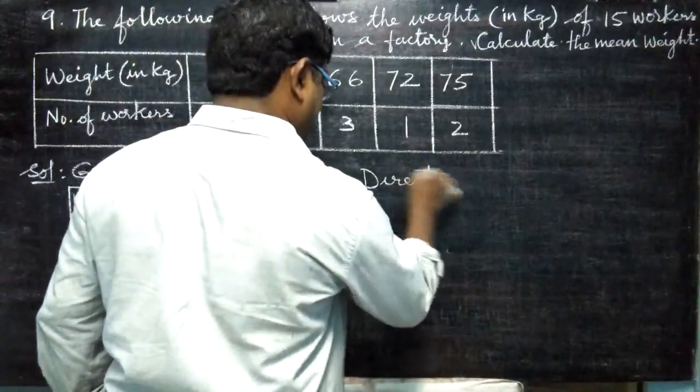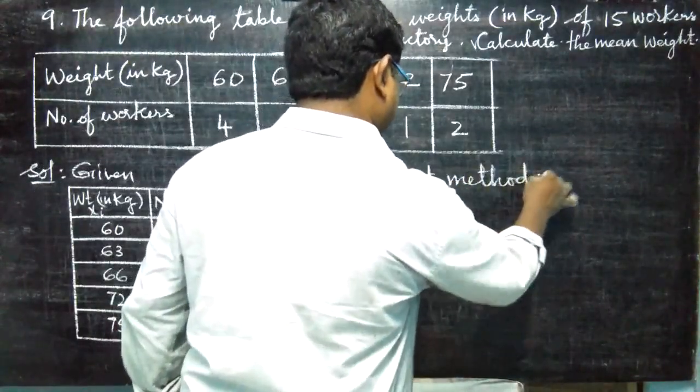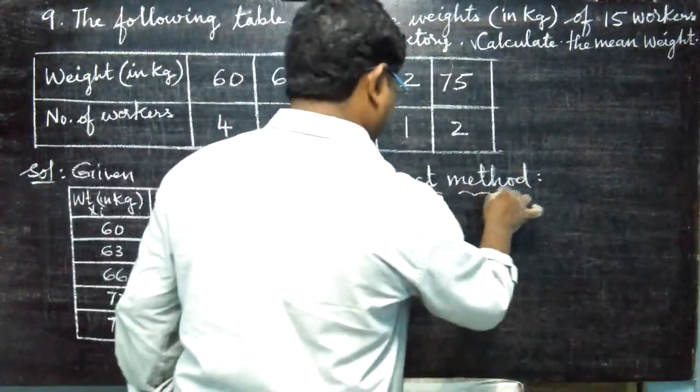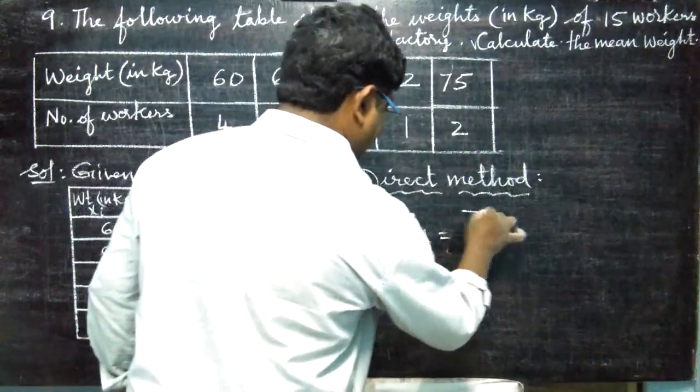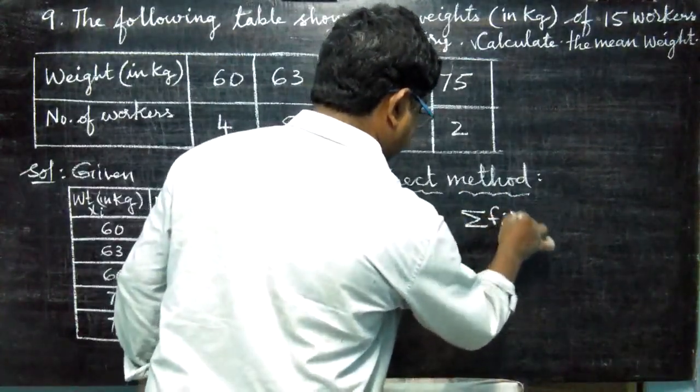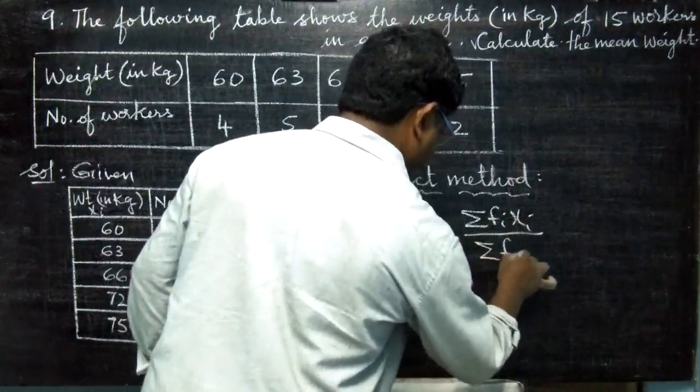Now I am doing the direct method. Which method I am doing? Direct method. 3 methods are there, I told you. This is the direct method. What I am going to do now? Mean is equal to sigma fi xi by sigma fi.